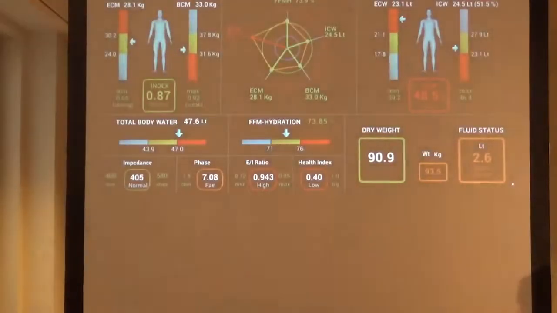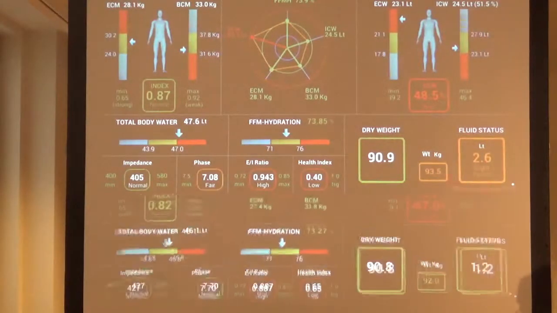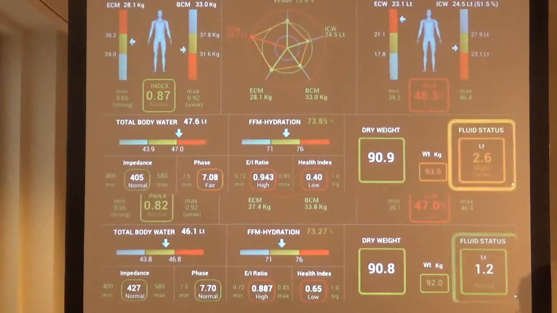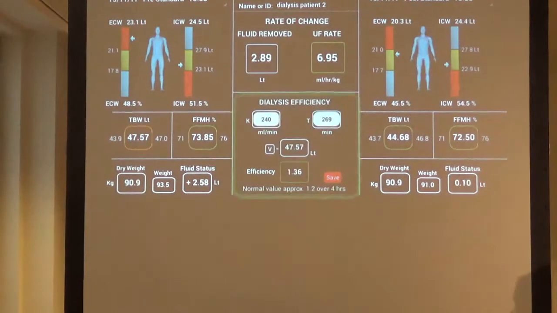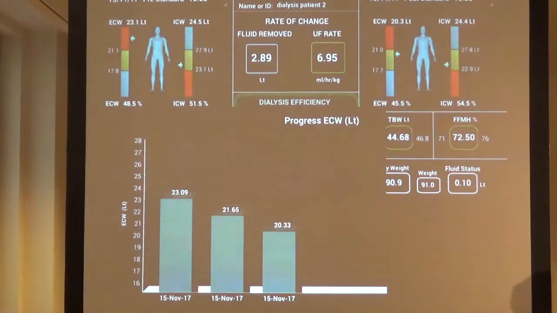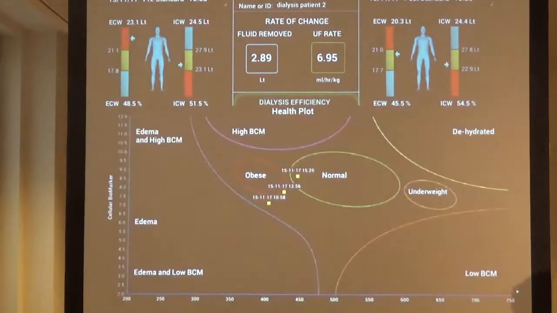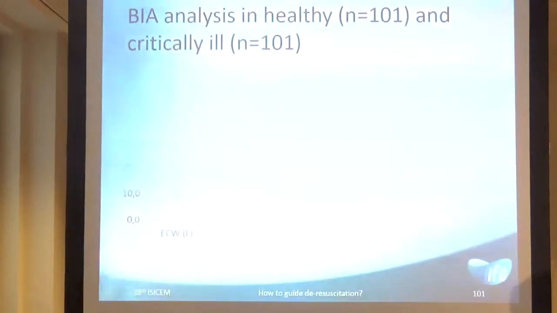So we put the patient on dialysis and further removed the fluid, so you see the volume excess coming down and got back to normal. And with these new machines, it also allows you to have a look at the efficiency of your dialysis, the KT/V, and to show the evolution of the extracellular water. And you can see that the patient, from being edematous, went to the normal range by getting rid of the excess fluids.